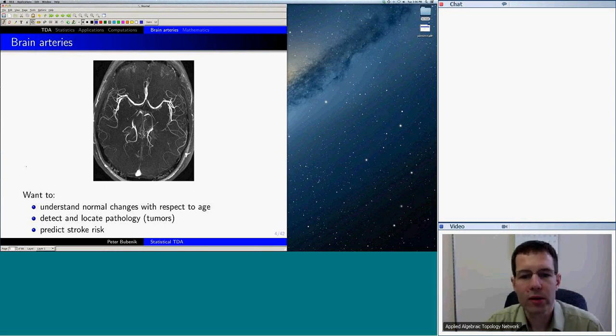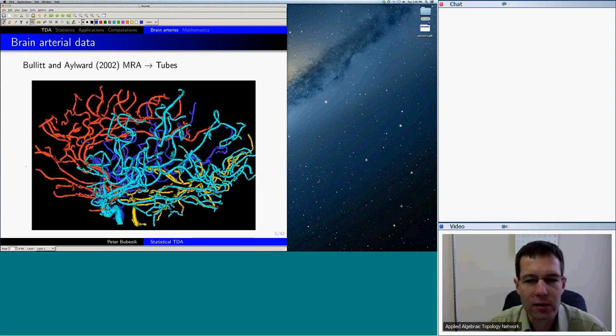So from our images, we extract the arteries using a tube tracking algorithm. And to point out, these arteries don't have constant thickness, so these tubes vary in their thickness.